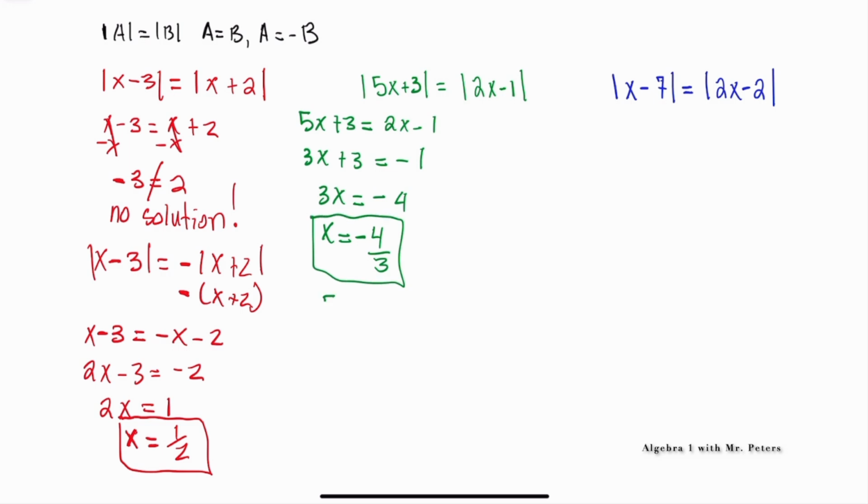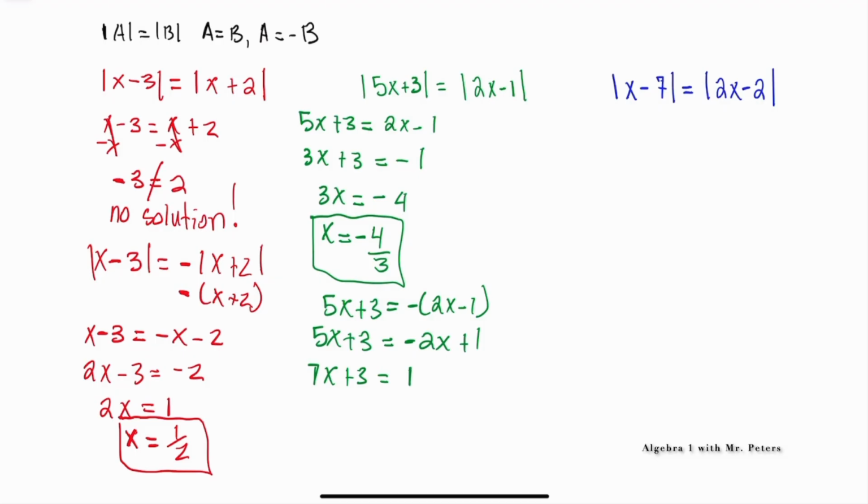Or when we do the second one, we have the absolute value of x plus 3. We took it out the bracket, so it stays the same, is equal to the opposite of 2x minus 1. So left-hand side stays the same. The right-hand side signs change. So -2x plus 1. When I add 2x on both sides, we're going to get 7x plus 3 is equal to +1.